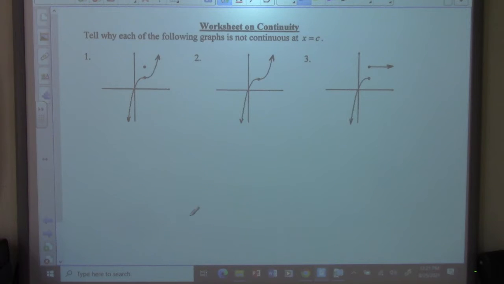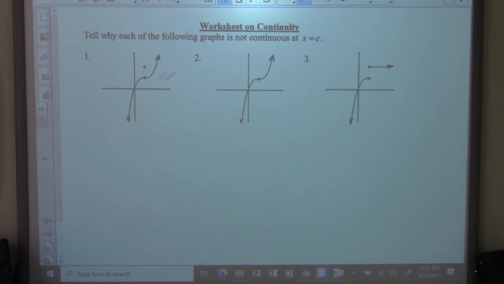So we're still working on continuity that we started yesterday, and we're to this graphic here, and you may not be able to see very well. I'm not sure what kind of resolution you have on yours, but this is a hole right here in the graph, and here's a point right up here.